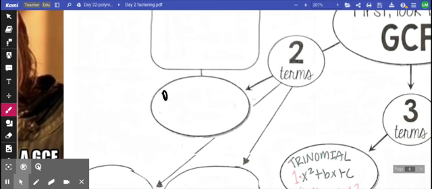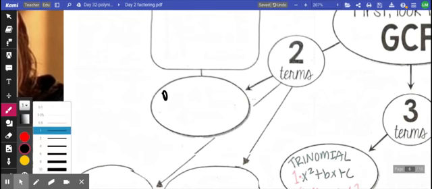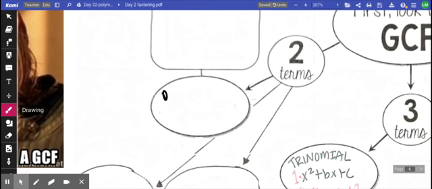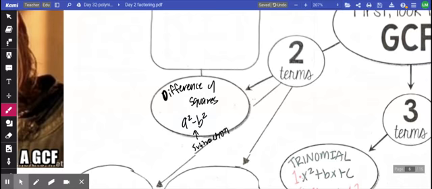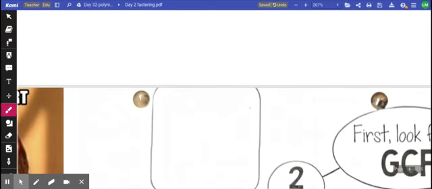Difference of squares. All right, where we have a squared minus b squared. A couple things. a and b have to be something you can take a square root of, and this is only difference, okay? Only subtraction. All right, if you do that, this is what that pattern looks like.